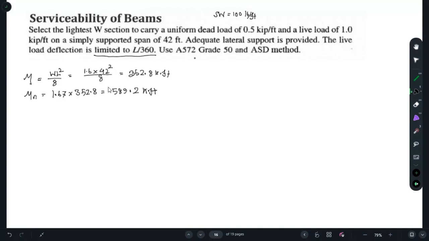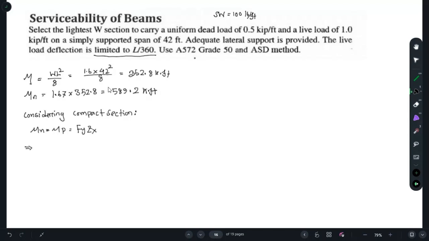To select a particular section, you need to know the plastic section modulus. And let's say we're considering a compact section. Considering a compact section, your Mn would be equal to Mp, and for that you have an equation of Fy Zx.